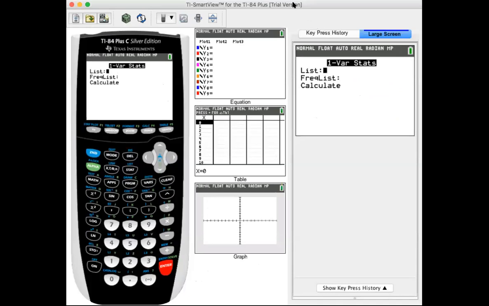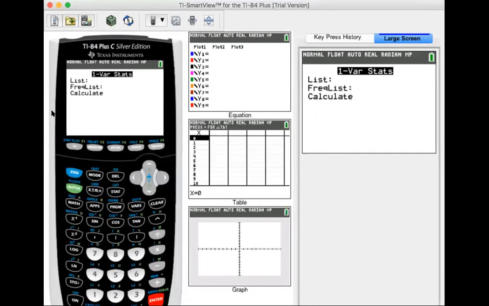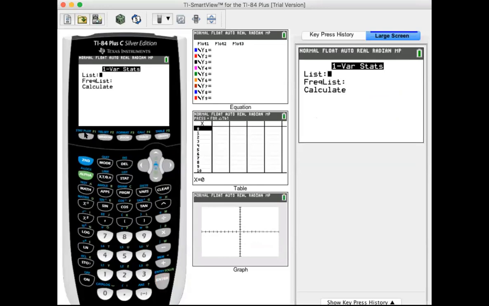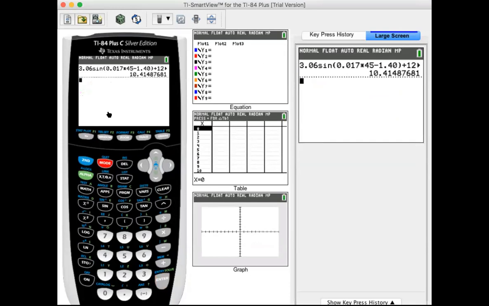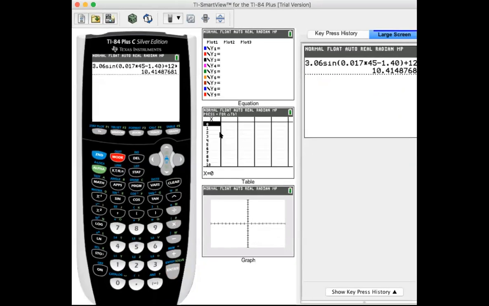Okay, so here's my calculator. So we do 3.06. Oh, I already did it. You can see up there. I'll do it again though.